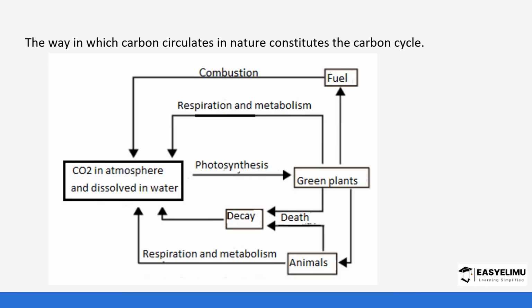When we look at the carbon cycle, first of all, carbon dioxide is produced by animals. The animals give off carbon dioxide, and when they die and decay, they also produce carbon dioxide and carbon, which is taken back into the soil, and also some of it goes into the atmosphere.